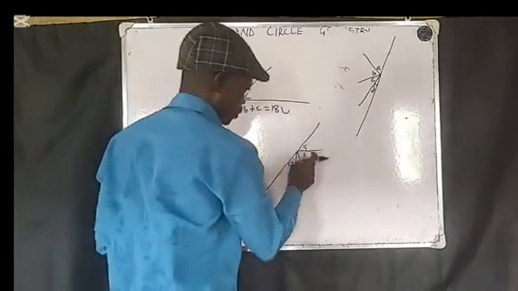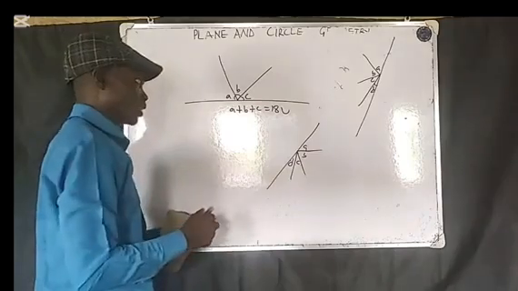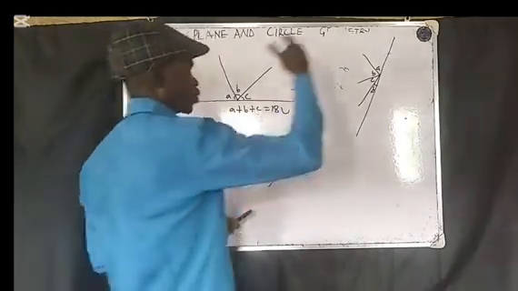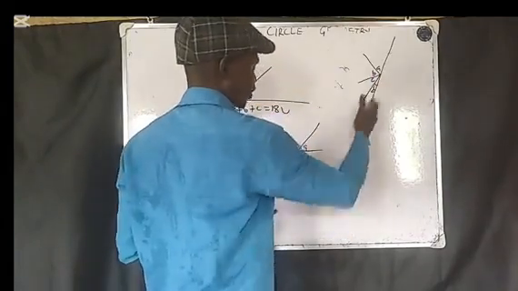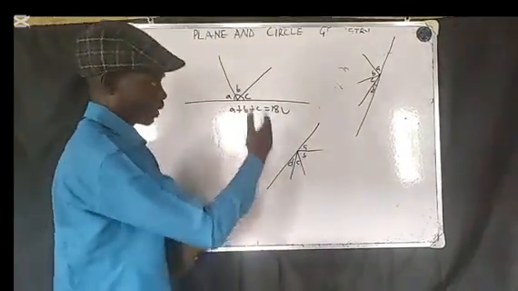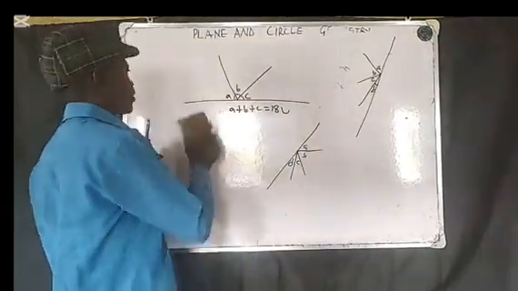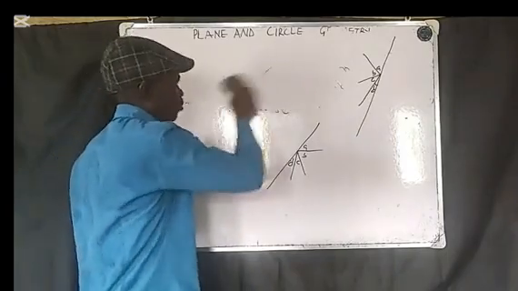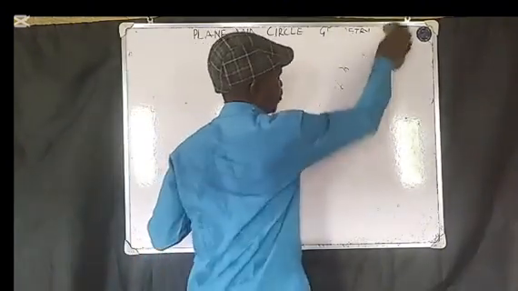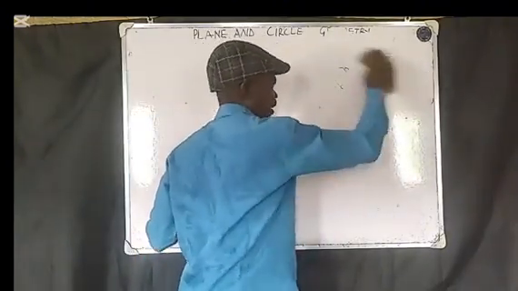Here, A plus B plus C plus D equals 180. This one is drawn horizontal, this one slanting, facing this side, facing this side. It could be drawn in a vertical line. No matter how it is drawn, in as much as it is on a straight line, all the angles must add up to 180.